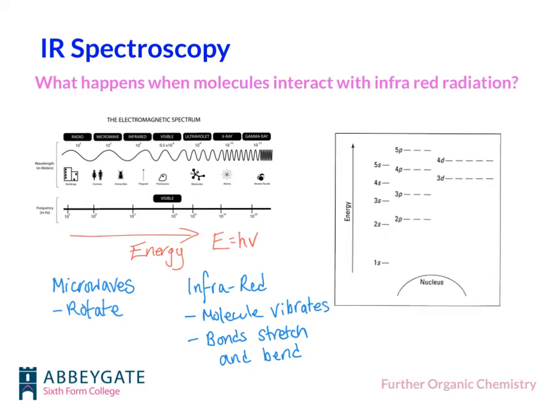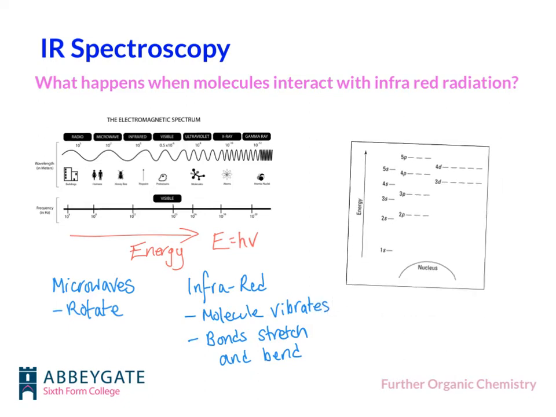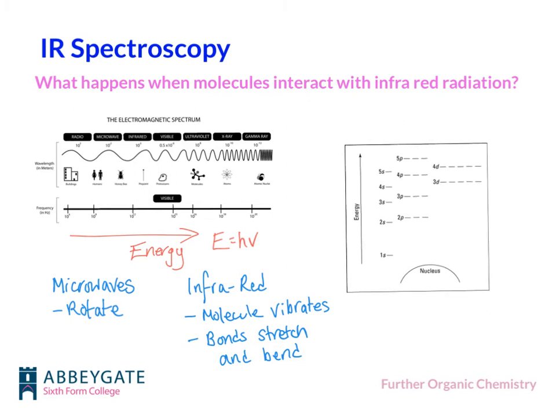Now, if we increase the energy further and move into visible light, then we start to look at electronic energy levels. And our electrons are able to jump between energy levels. So we might have an electron jumping. If we put the right amount of visible light in there, we might get promotion of electrons, and they might jump from, say, a 2p up to a 3p.